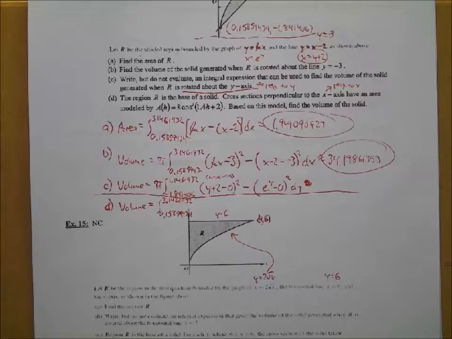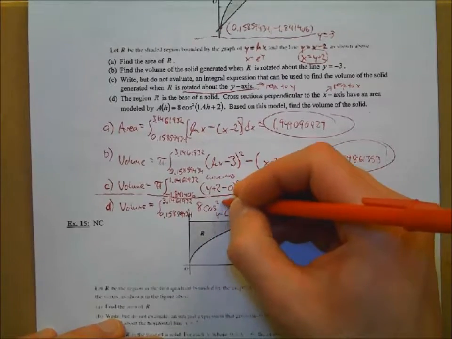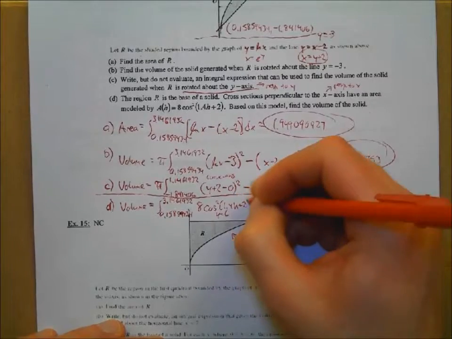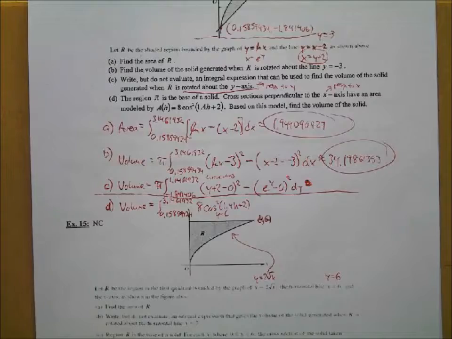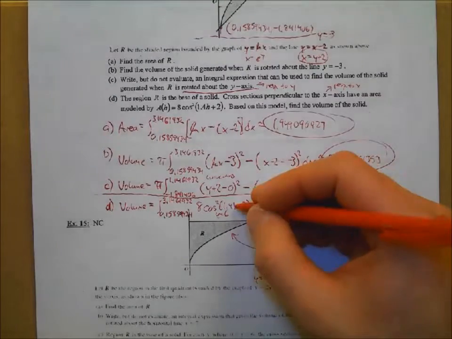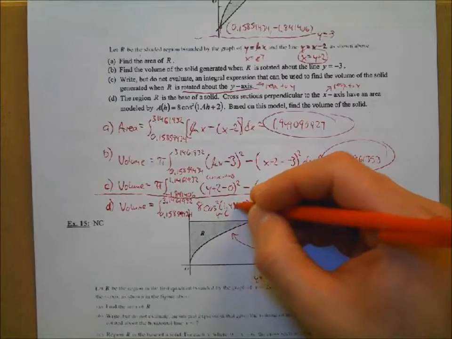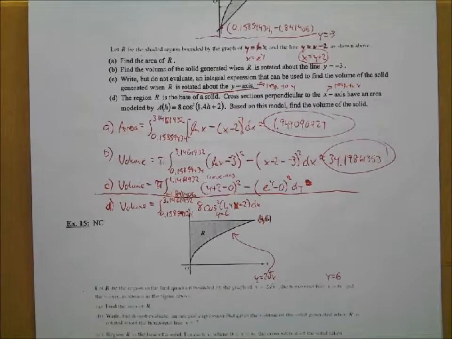Or it's just the area. I think this is just this. Maybe I should put an x in there instead of an h. Because it's the area formula, we just integrate the area formula.